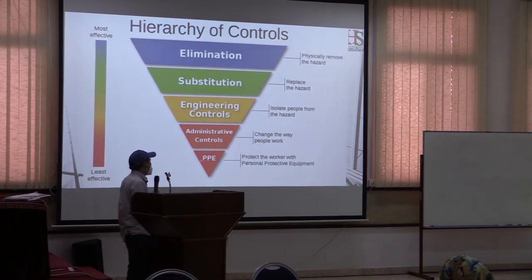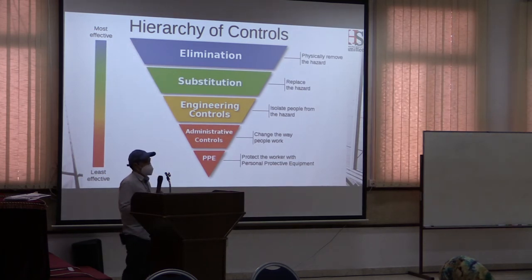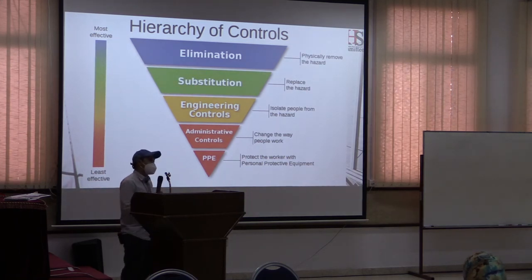And of course, the last one, which is not the most effective or the least effective, is PPE. Most of us are using this, and most of us are using PPE in combination of administrative and engineering controls. Elimination and substitution, not much is being done, but we are trying to.